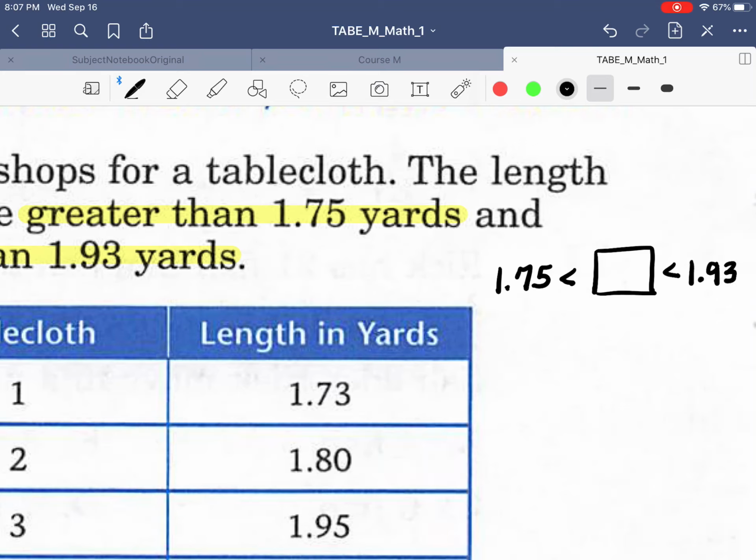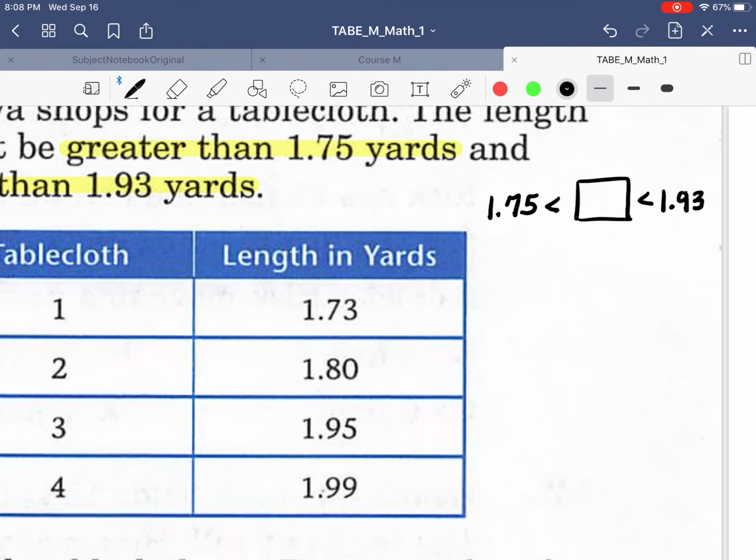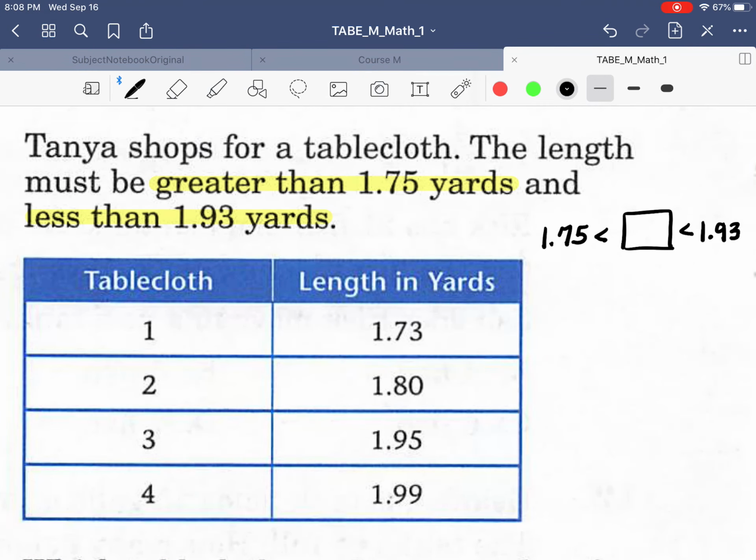So the answer I'm looking for in this box has to be bigger than 1.75 and smaller than 1.93. We have 4 choices of tablecloths and 4 different lengths. Which of these numbers could fit in that box?